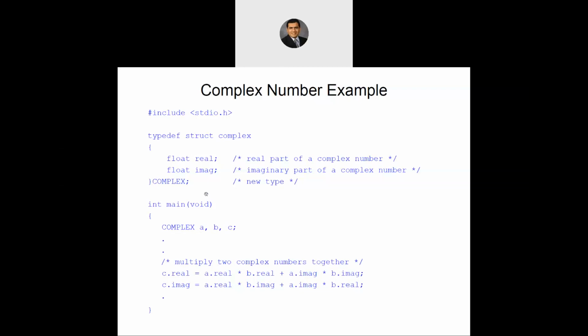That means A can access real, imaginary, B can access real, imaginary, C can access real and imaginary. And every one of them, separated by a dot, is a separate location in your computer's memory. Now, I'm not so sure whether you have implemented structures inside your assignment. You can see whether it is necessary to do so.